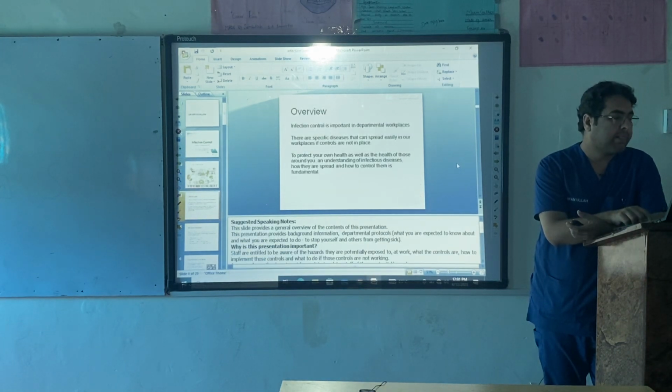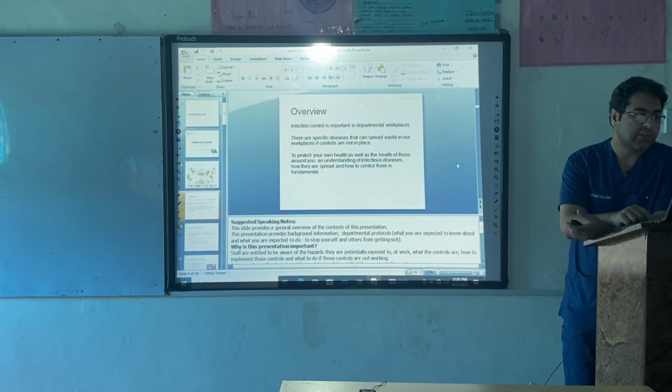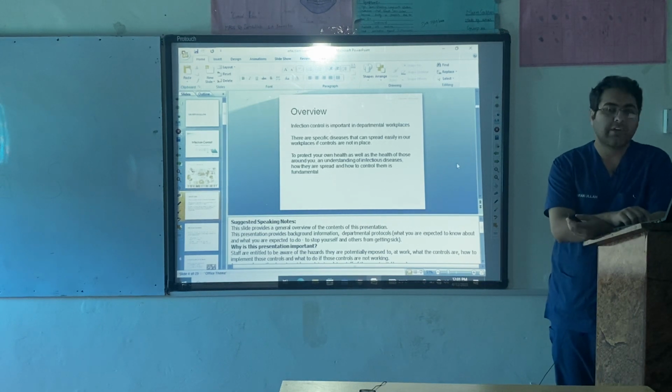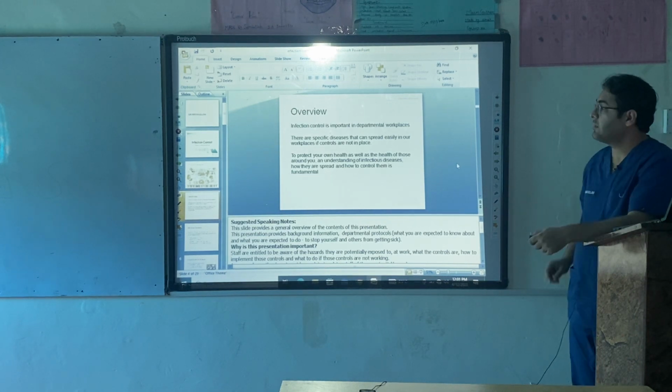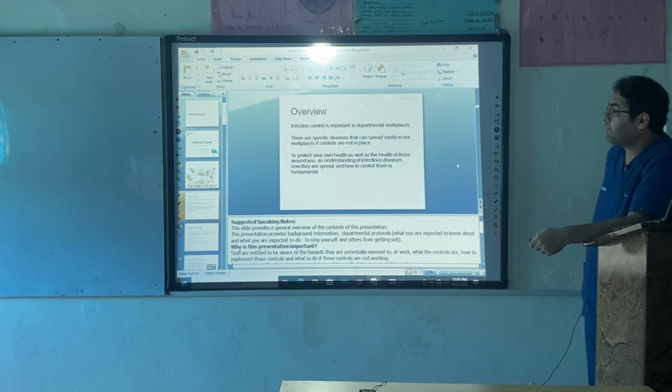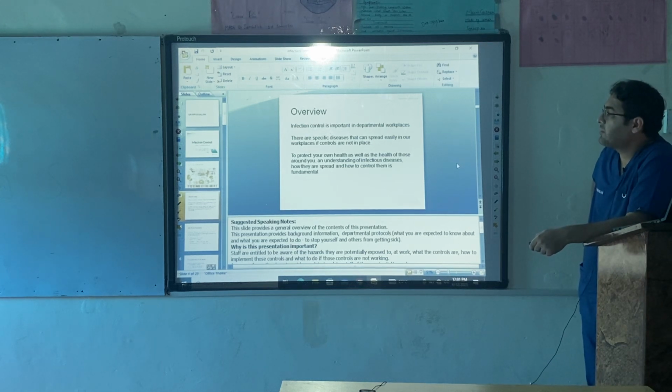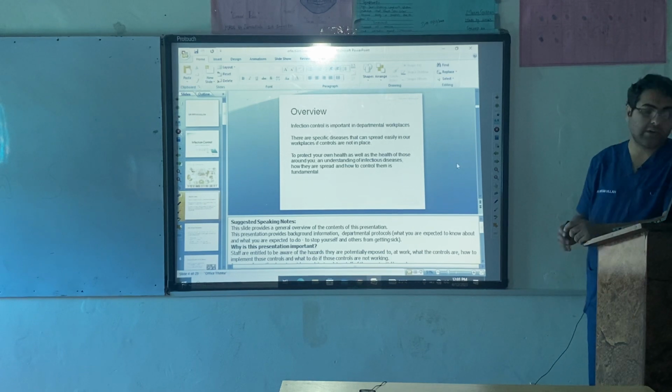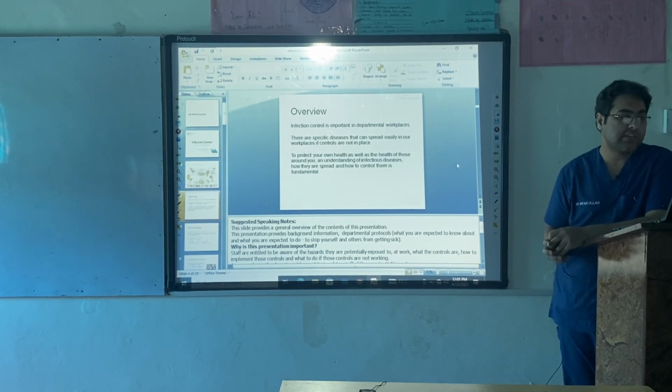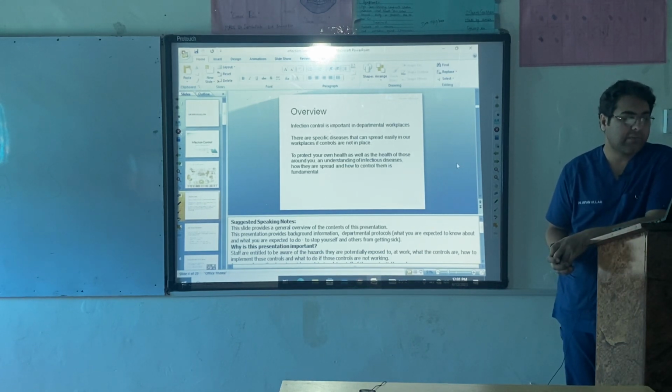In general overview, infection control is important in departmental workplaces. This is the general overview slide, which says infection control is important in departmental workplaces. Why? There are specific diseases that can spread easily in our workplaces if controls are not in place, which is a common thing.